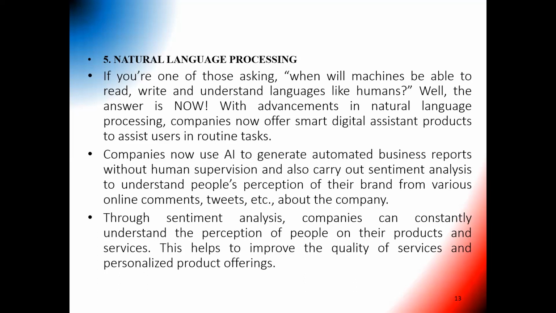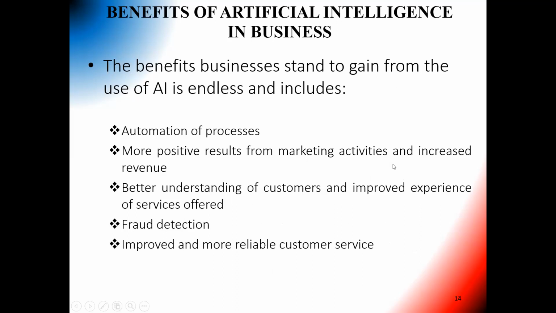So through sentiment analysis, companies can constantly understand the perception of people on their products and services. This helps to improve the quality of service and personalized product offering. Some companies now are applying what we call reviews. I think you have seen these reviews where when you're given a product, you're given an option to review the product. And then these reviews can be analyzed using AI, and then we can make a decision from the reviews.